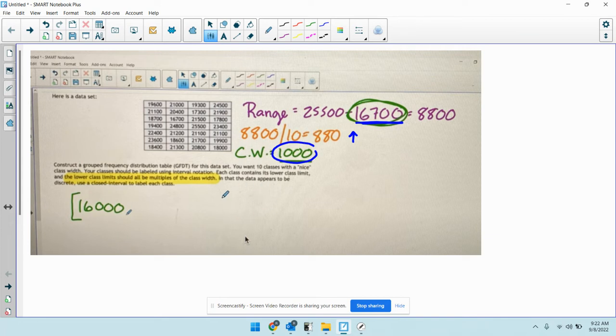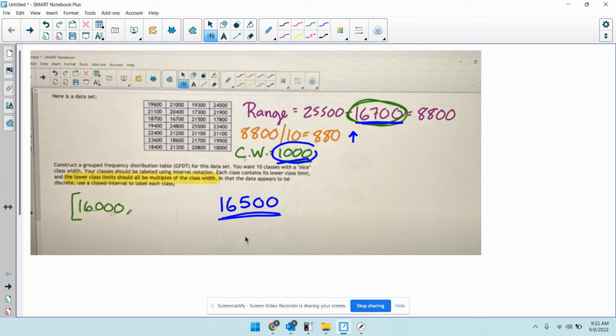For this reason, I couldn't start the first class at 16,500, because this is not a multiple of 1,000. 1,000 doesn't go into here evenly. It goes into here 16.5 times. But 1,000 goes into 16,000 a whole number of times, 16 times.